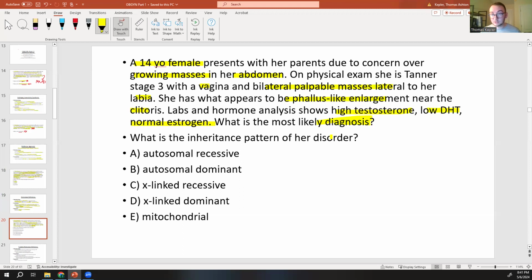So androgen sensitivity had similar masses. This also has masses in the abdomen as well, which are the testes. This is actually genotypically a male who, because they lost DHT, develops female external genitalia. All right. So this is going to be your 5-alpha reductase deficiency. That is the enzyme converting testosterone to DHT.